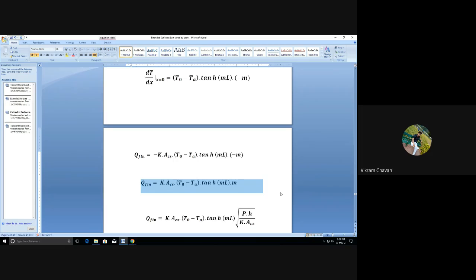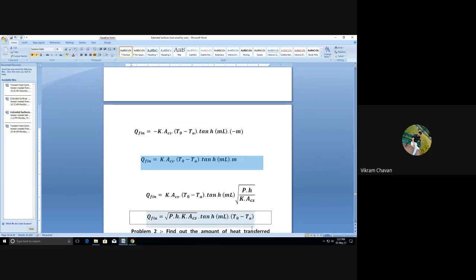Okay, now here we have to put the m value, where we know that m is the square root of p multiply by h divided by k multiply by A_cs. So just put this particular value of m and we will get the equation for Q fin.